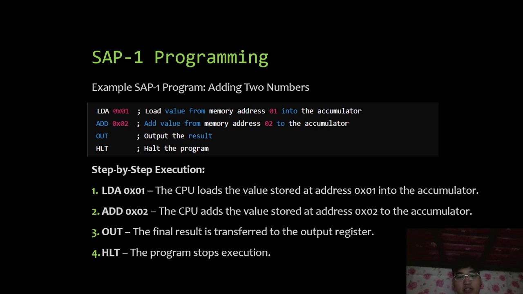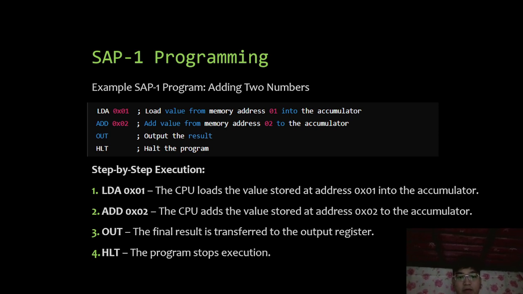GPUs specialize in parallel processing, making them ideal for graphics and AI applications. The SAP1 architecture is a simplified CPU model that helps in understanding how a processor works.